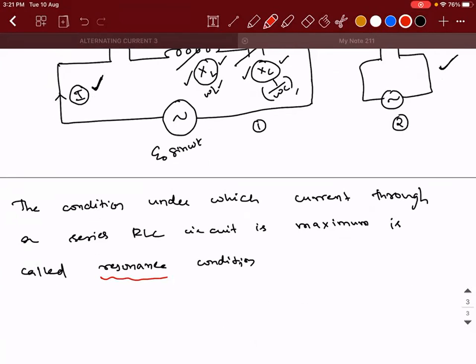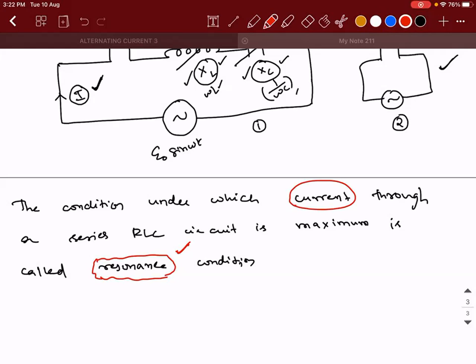You're able to understand? Yes, sir. So please write it down. If someone asks you under resonance condition what is going to happen, don't write about bulb and all those things. Those things are for your understanding. Actually, the explanation you're supposed to write in the exam is the condition under which the current through a series RLC circuit is maximum.